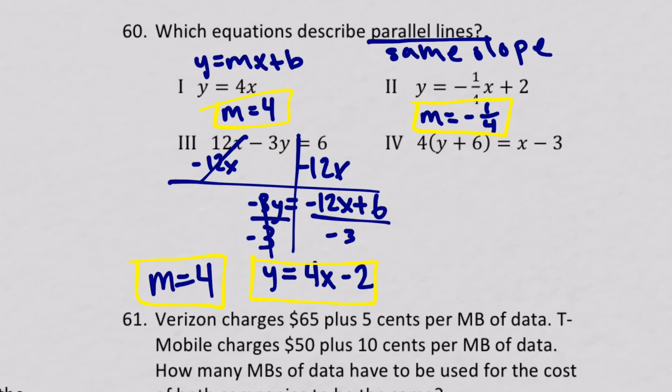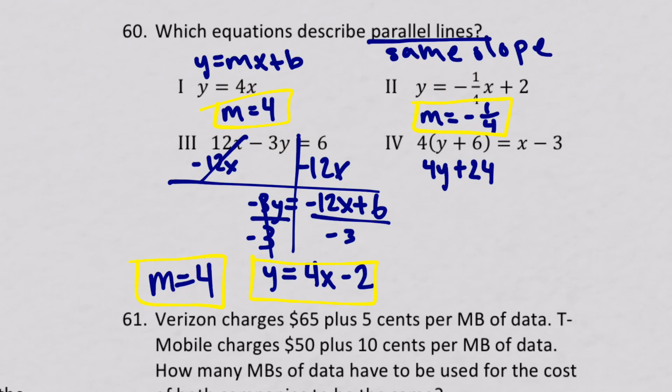Okay, and let's do the last one just to get them all done. 4y plus 4 times the quantity y plus 6 equals x minus 3. Once again, I'm going to change it to slope-intercept form. The first thing I'm going to do is distribute the 4. I will get 4y plus 6. No, not plus 6, plus 24.